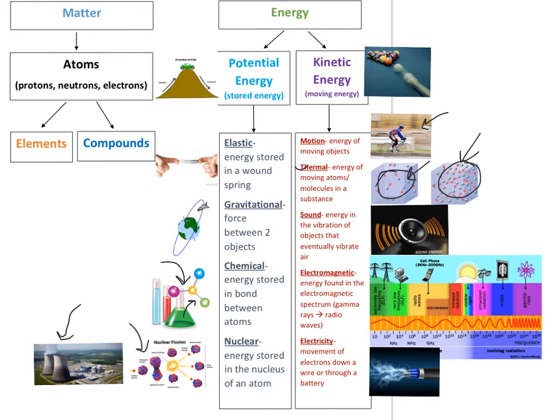Those vibrations are detected by our brain, and bam, we decode it as sound. So sound is a type of energy because it's movement of molecules, vibrations from one object giving off vibrations to the air, and the air vibrating as it hits our ears. So that's what we call sound energy.